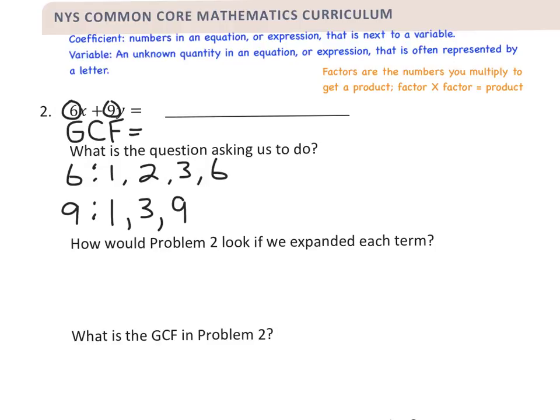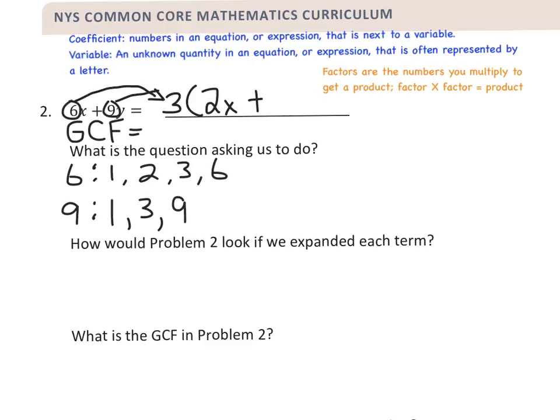So I write the 3 outside my parentheses, and then I put the parentheses, and I'm going to next divide my coefficients by that greatest common factor and write what's left inside the parentheses next to the appropriate variable. So 6 divided by 3 is 2, and that went with x, and then I put my plus sign.